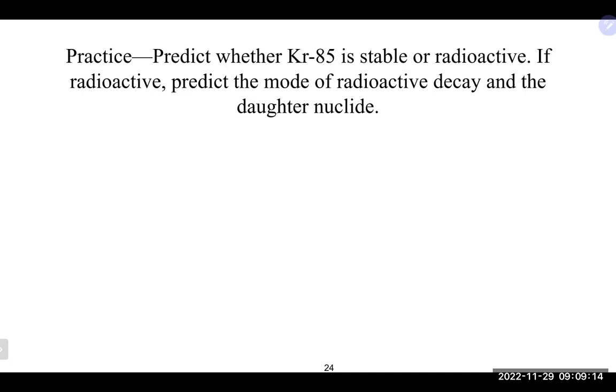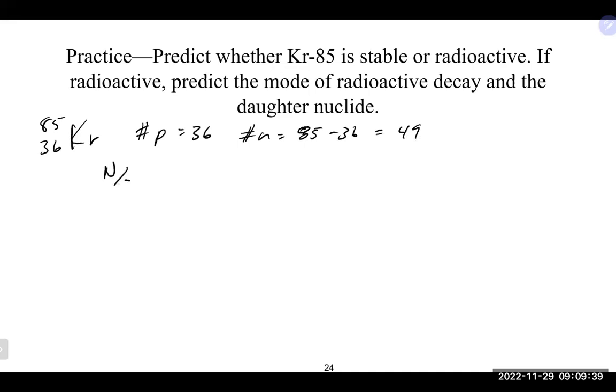Okay, so here we do have krypton-85. Going to the periodic table there, it looks like 36 for our atomic number. That means our number of protons here is going to be 36. Our number of neutrons is our mass number, which is 85, minus 36. So that is going to get us 49. So our N to Z ratio here would be 49 divided by 36.